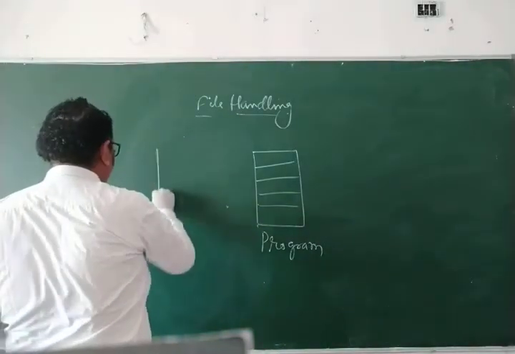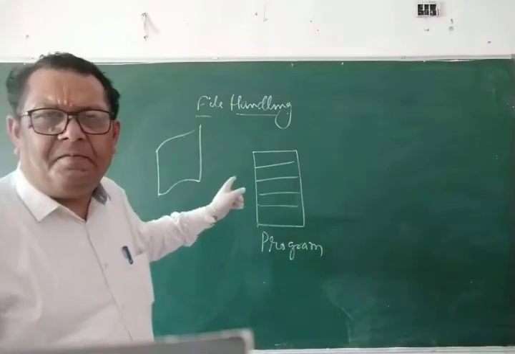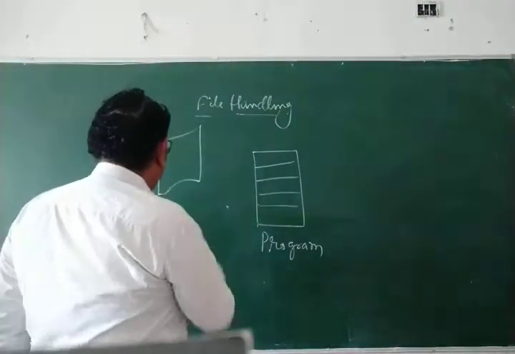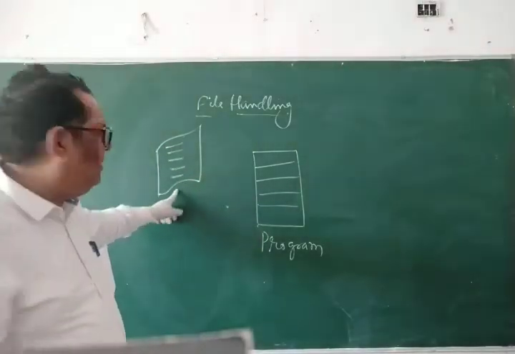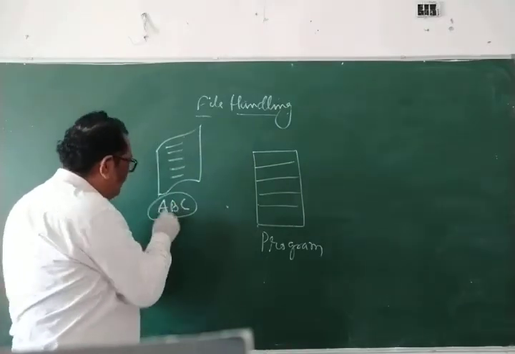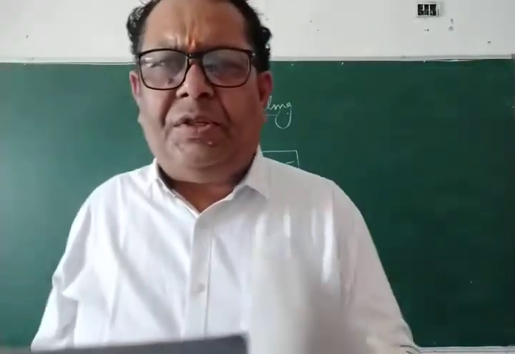This is the symbol to represent a file. Suppose this file ABC contains some data, that data which your program needs to get processed.